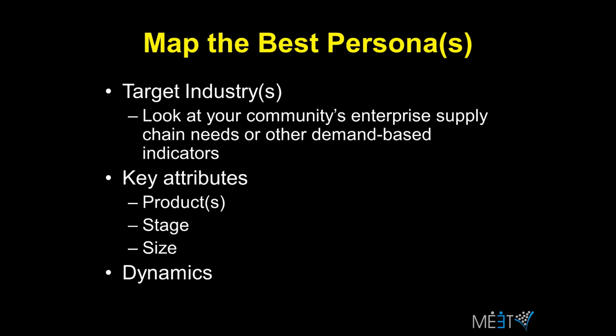Maybe there's a depression or economic challenges in their country or region, and looking outside of that is attractive to them. There are all sorts of dynamics that can cause companies and these buying personas to be interested in a certain window of time.